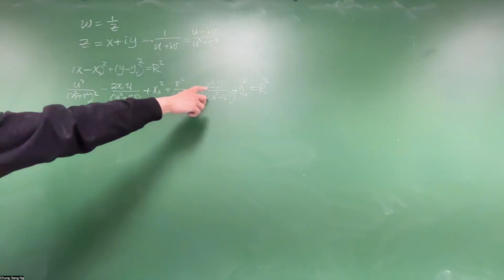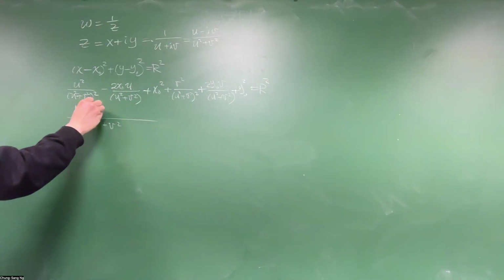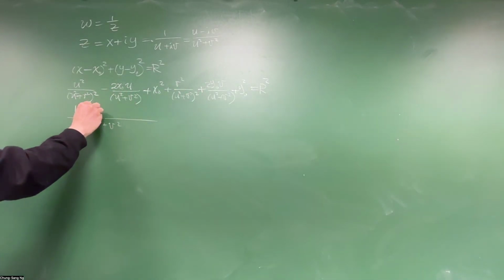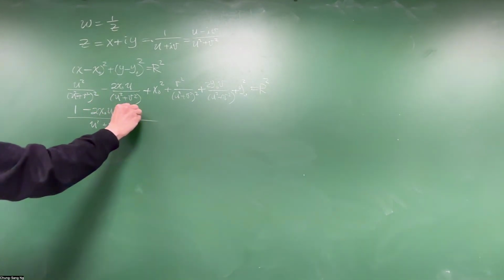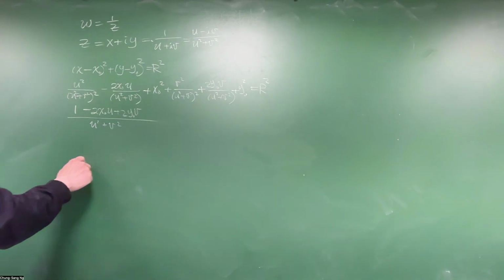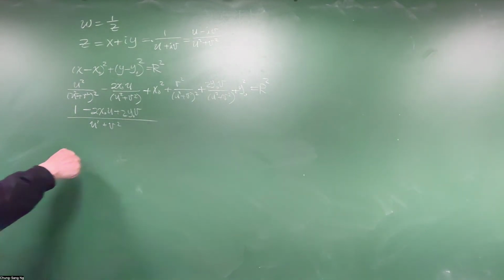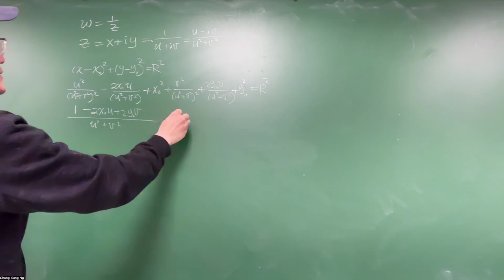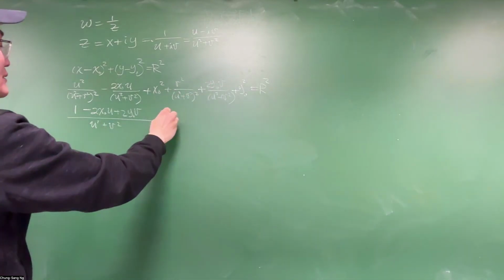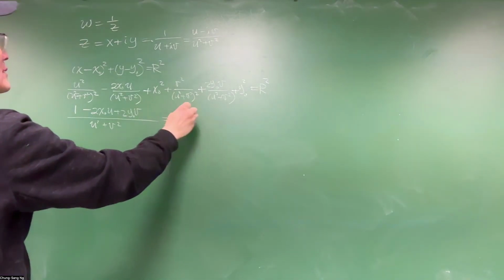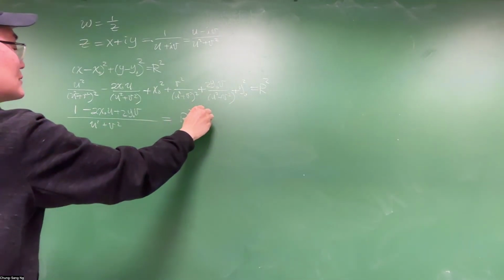And then this one has minus 2x0 U plus 2y0 V, and the rest I can put on the other side.